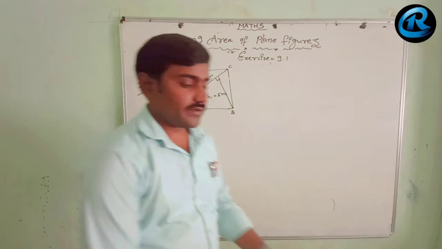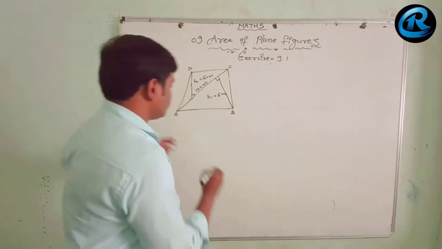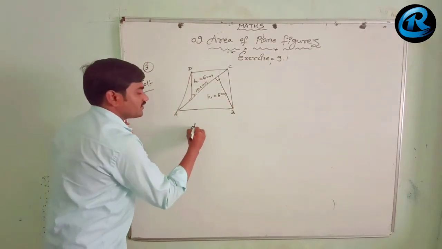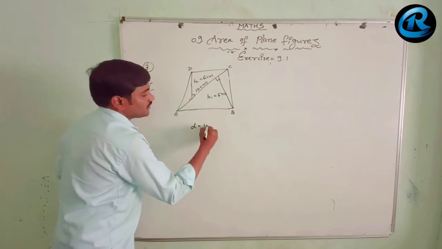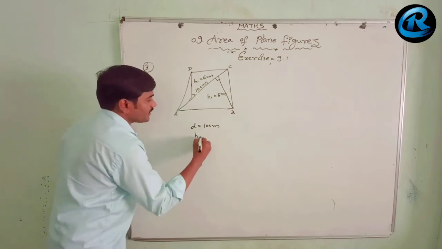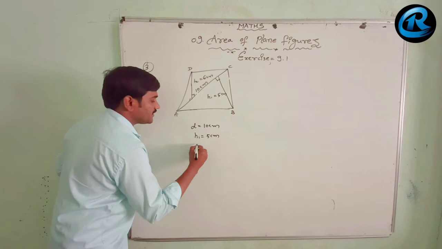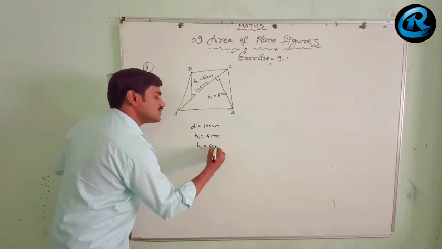Now we got the AC, the d value. Let me write only what we require: d equals 10 centimeters, h1 equals 5 centimeters, h2 equals 6 centimeters.